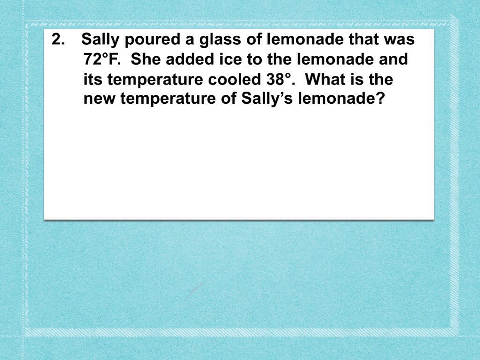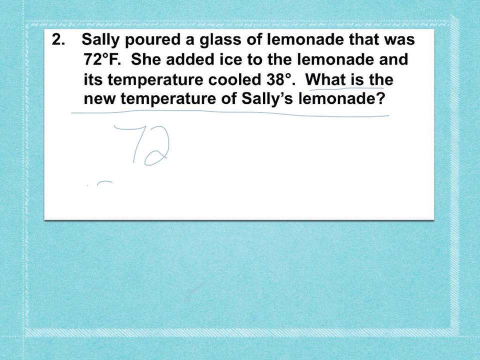This next question says, Sally poured a glass of lemonade that was 72 degrees Fahrenheit. She added ice to the lemonade, and its temperature cooled 38 degrees. What is the new temperature of Sally's lemonade? This question's asking me the new temperature of her lemonade. I know that she started out with lemonade that was 72 degrees, and then it cooled by 38 degrees.